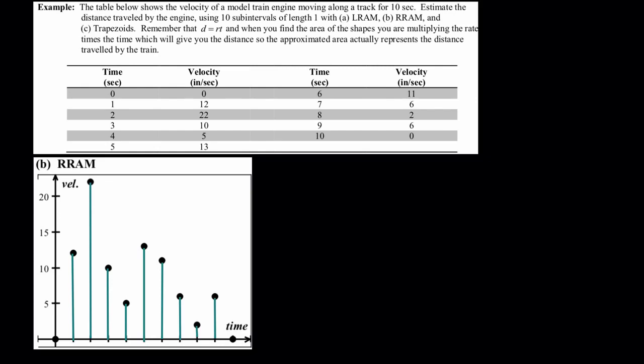Now for a right approximation, instead of going from 0 through 6, the first rectangle is going to have a height that is determined by a y value of 12. And so the heights are going to go from 12 through 0.